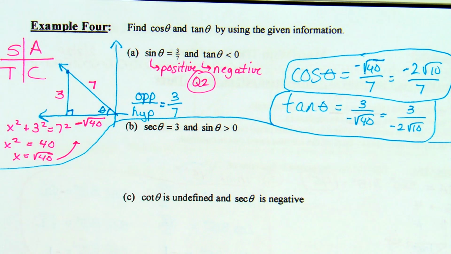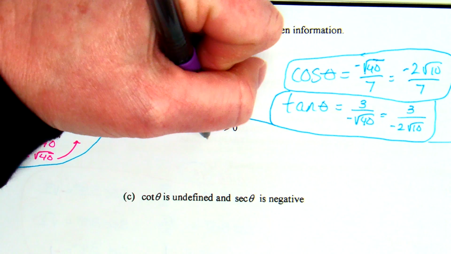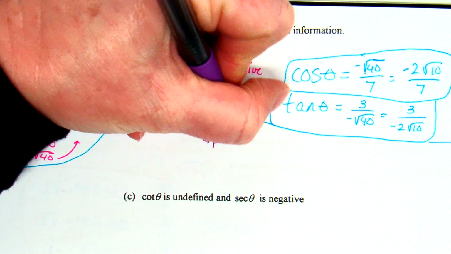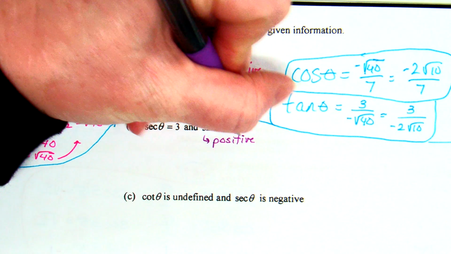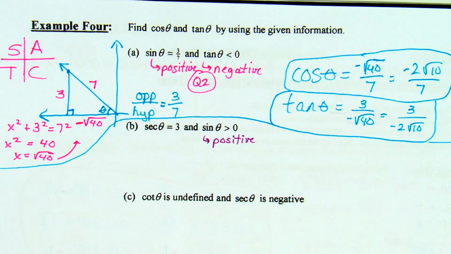Why? Okay, so we know sine of theta is greater than 0. We know that the cosine is 1 over 3. Okay, so sine of theta was positive, it's greater than 0.